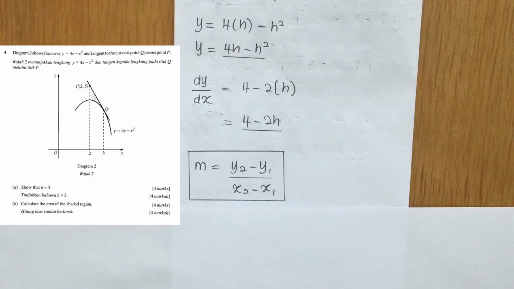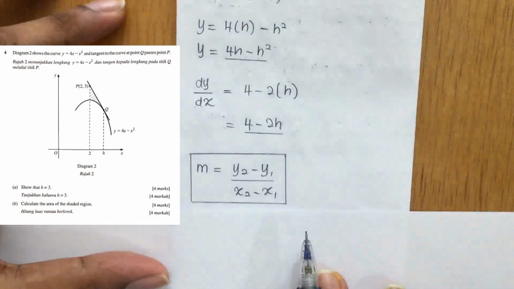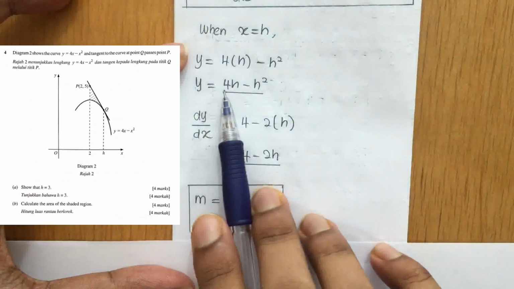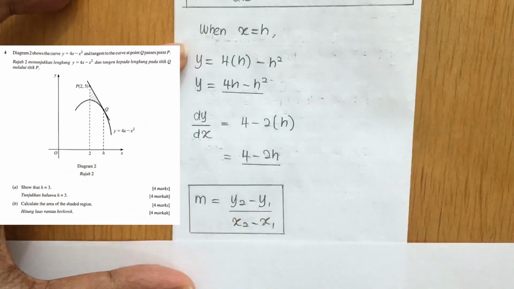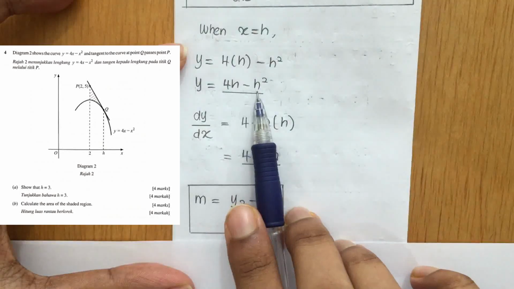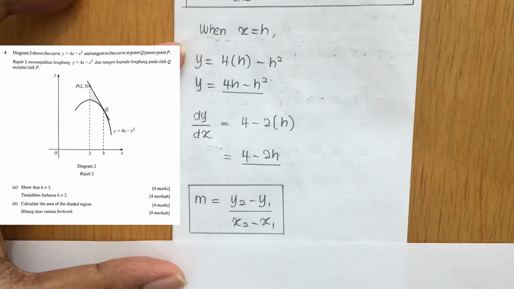So what I did was substitute this h value into the y equation. When x is equal to h, that's how I get this y value. So y is equal to 4h minus h squared. So indirectly, the coordinate of Q will be (h, 4h minus h squared). These are the respective coordinates guys.